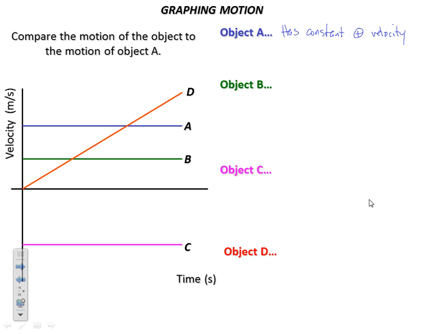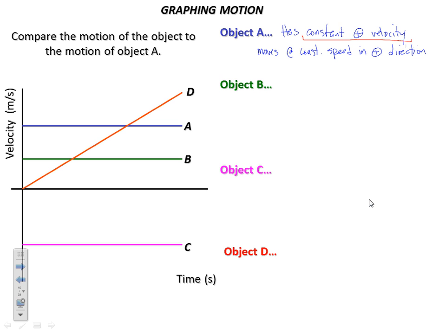That's literally the only thing we can say about object A. And what does this mean? It means it moves at a constant speed in the positive direction. What's the positive direction? I don't know. Who cares? Is it north? I don't know. It's whatever someone has defined it to be.